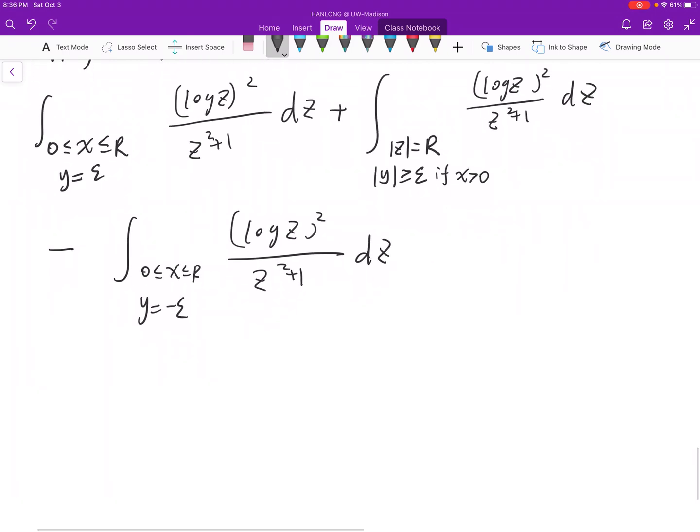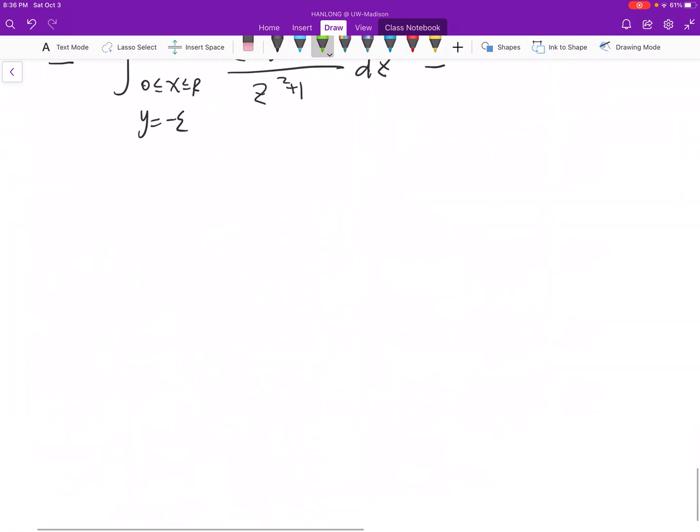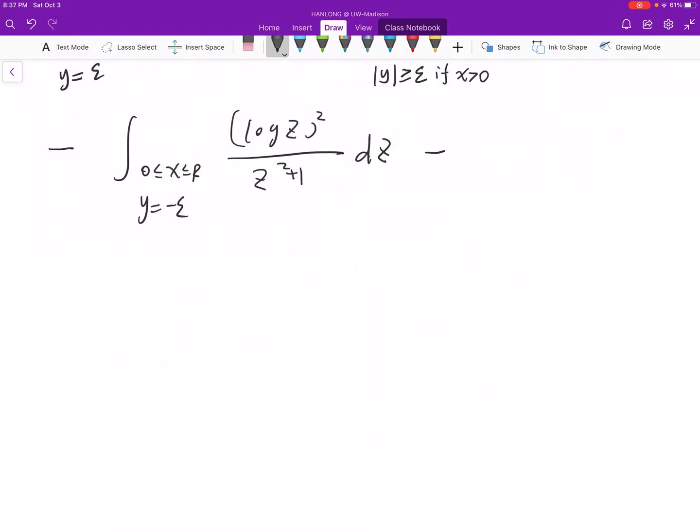And then you have the small circle, the half circle here. So this I2, I3, and the half circle here, I4, with clockwise orientation, so you have a minus sign.